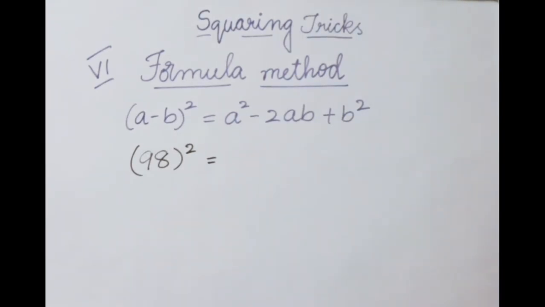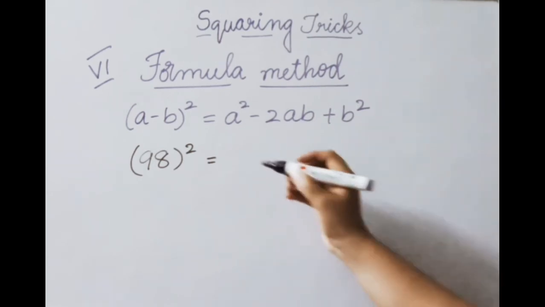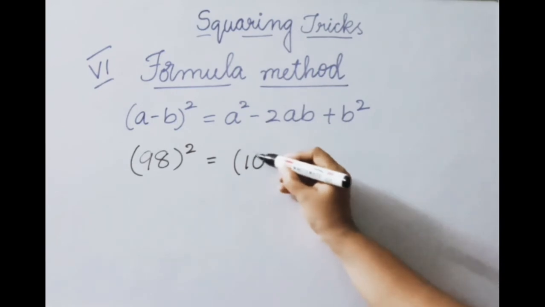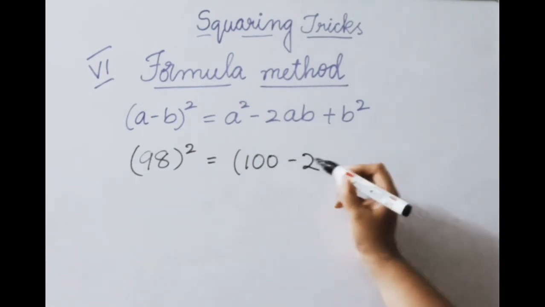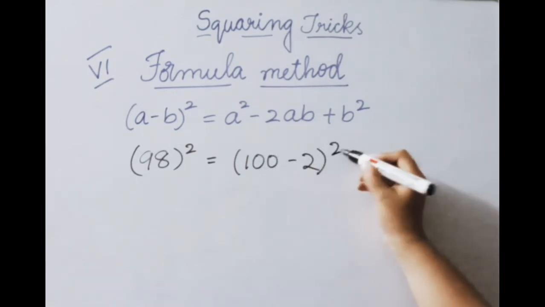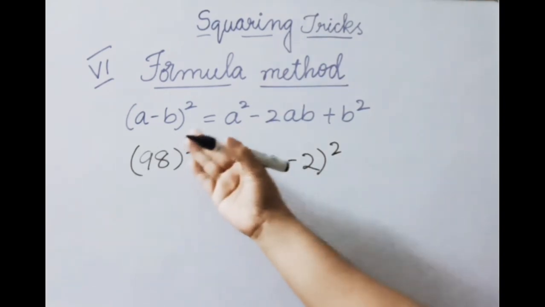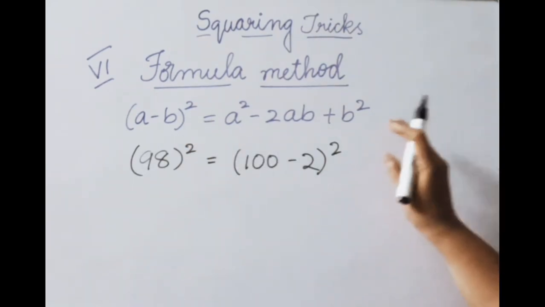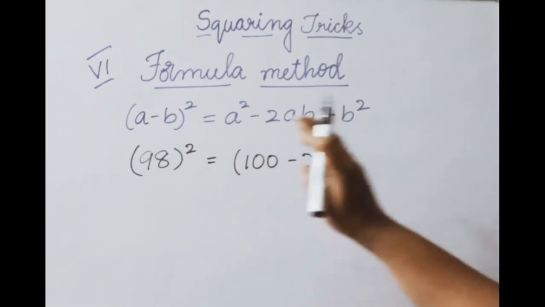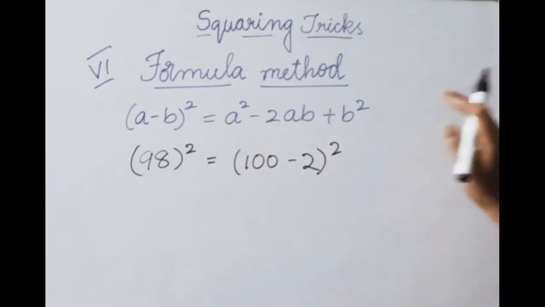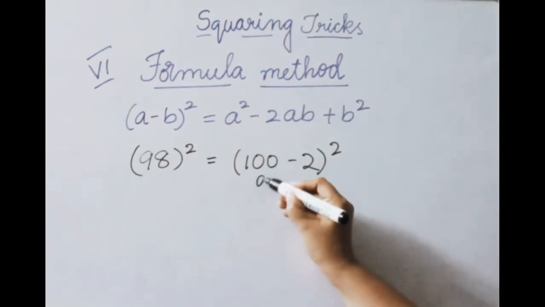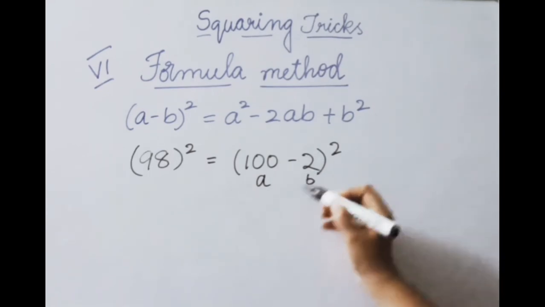See now next sum. 98 square. 98 square means how can you write 98? That is nearer to 100. So we can write this in this way. 100 minus 2. That means 98 whole square. So it is looking like a minus b whole square. So now we apply a minus b whole square formula. That is a square minus 2ab plus b square. Here 100 will be a and 2 will be b.